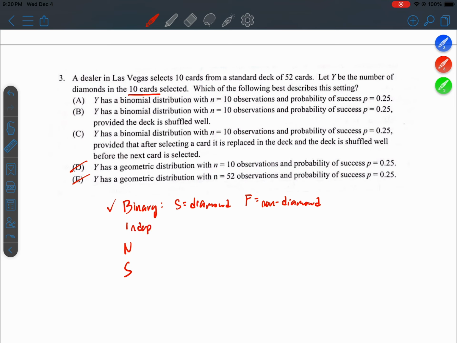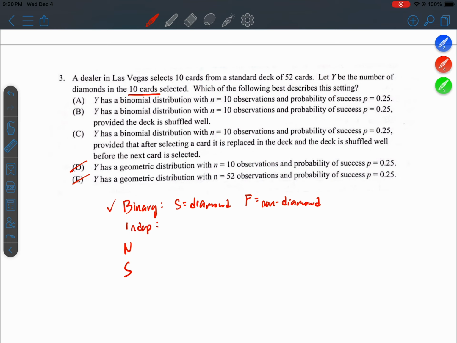I stands for independent trials, meaning the outcome of the first card should not affect the outcome of the next card or the card after or the card after that. Now, we've got to be careful here because the problem doesn't specify whether the dealer is replacing the cards back in the deck or not. We know that if the cards are not replaced, then the probabilities change on the next card, right?